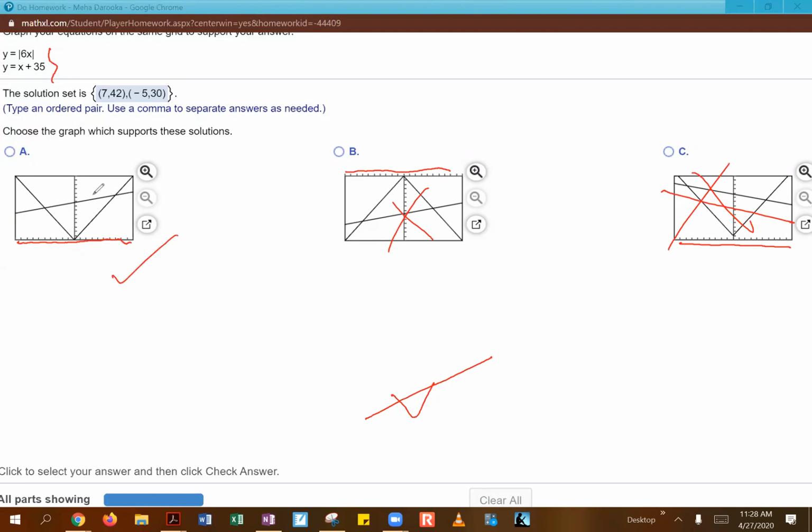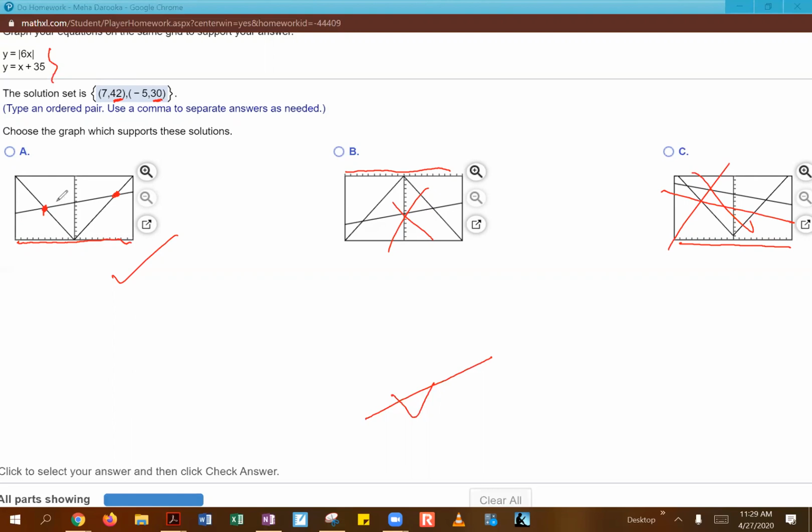But if you look at where the 2 points are intersecting on these graphs, you can see this is at a positive x value, and this point is higher than this one, which tells you your y value is 42 for that first ordered pair, and the y value is 30 for the second ordered pair. So that point on the right has to be higher than the point on the left.